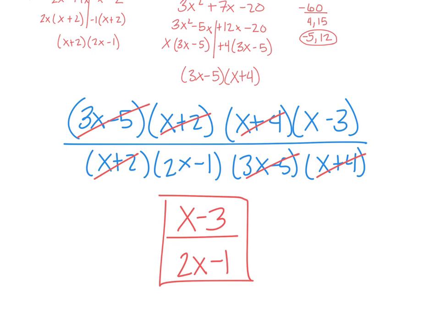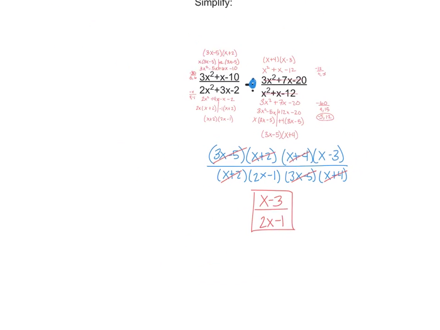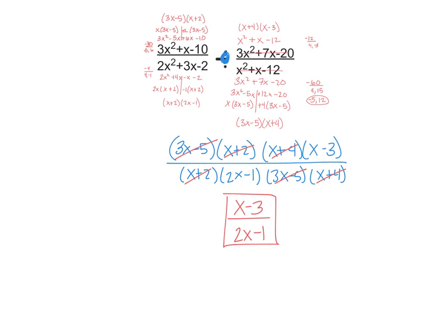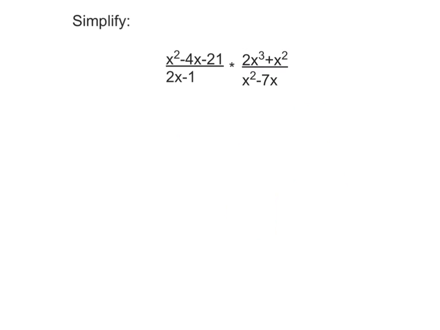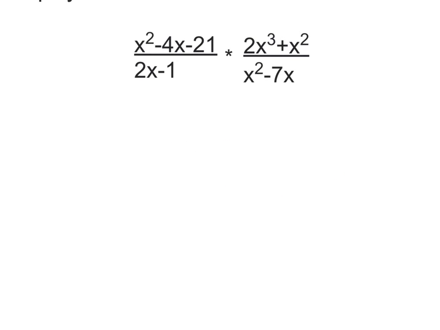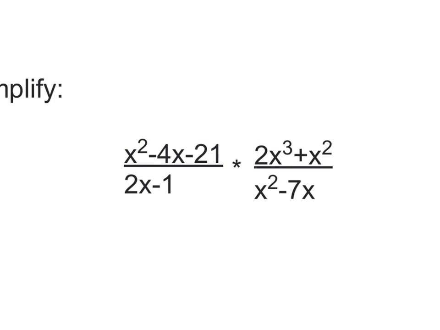Alright, a lot of work, but there we go. Alright, next one, multiply. A little bit easier, okay? So, we have multiply, remember, we just go straight across. So we need to figure out the top, factor everything. So we need factors of negative 21.